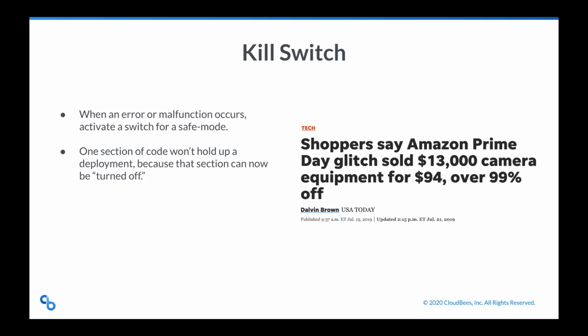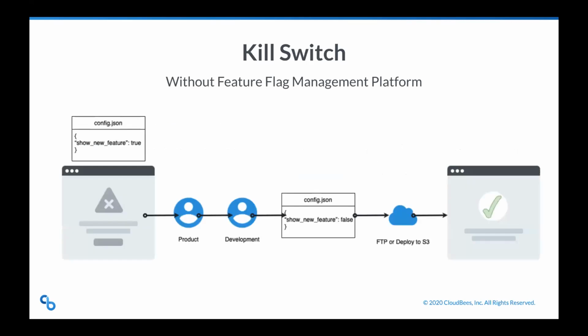So what does the overall process of providing a fix look like without a kill switch? In some homegrown solutions, feature flags are usually defined and modified through some sort of static configuration file or through a database table. But handling the errors in a timely manner is problematic due to the sheer number of steps involved in this process.